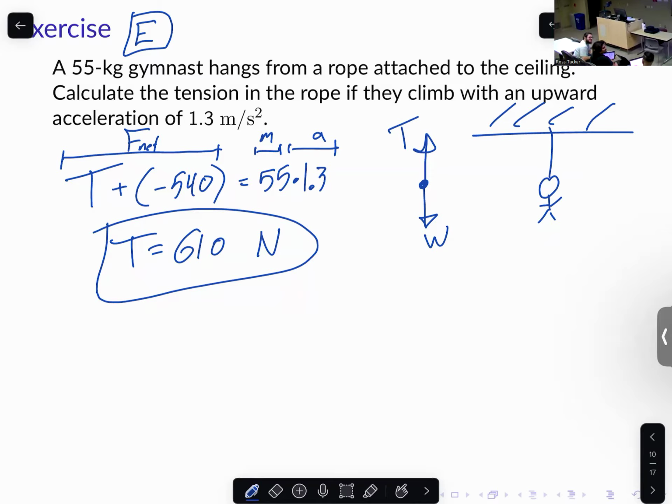So when I plugged into my calculator five times 1.3 and 71.5, even rounded up to 17, I got 612. How many significant figures are there? 1.3, 55, 2. There are 2 significant figures.